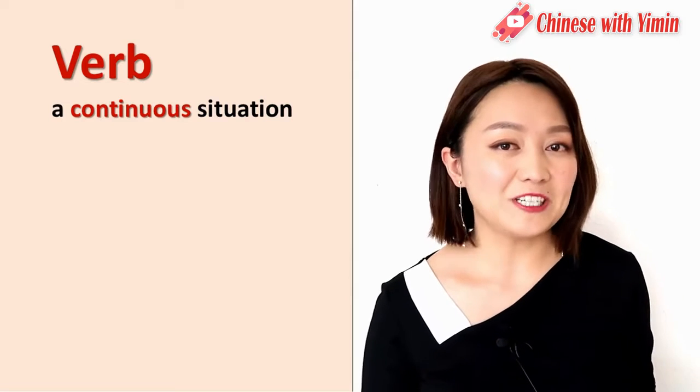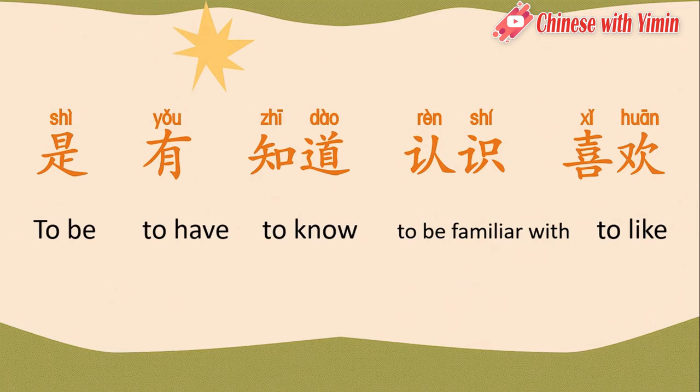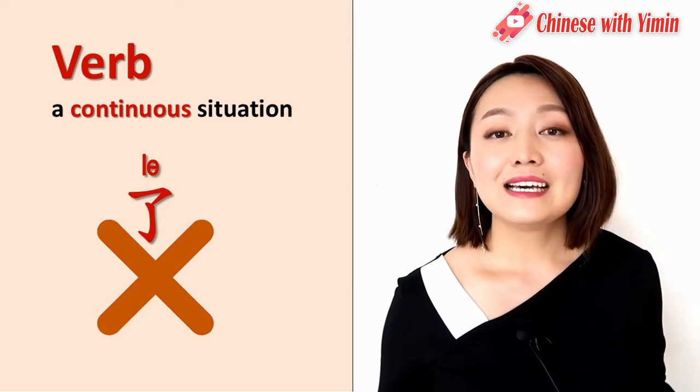The typical examples are 是, to be, 有, to have, to exist, there is, and 知道, to know, 认识, to be familiar with, 喜欢, like. With this kind of verb, it's hard to know when it starts and when it finishes. It's a continuous situation. With this kind of verb, you can't use the function word 了 anymore.